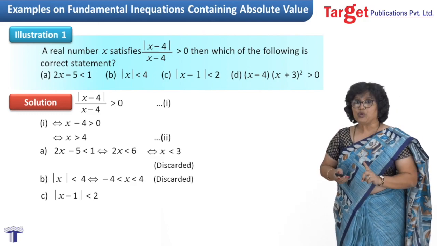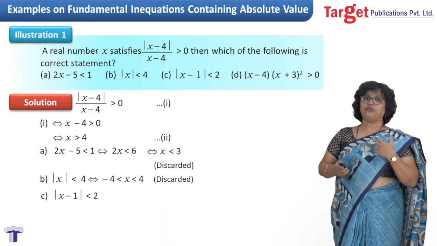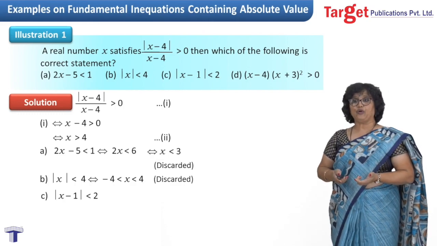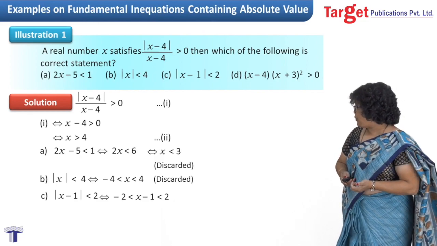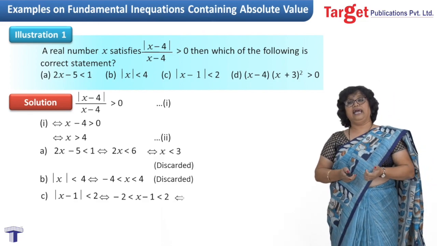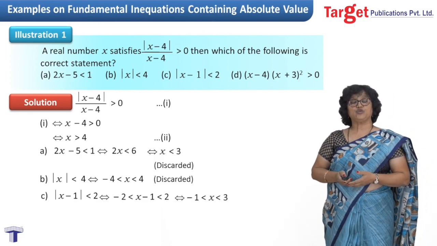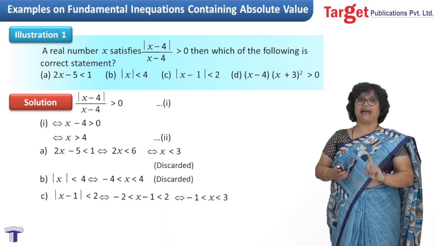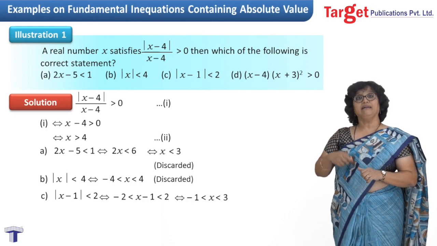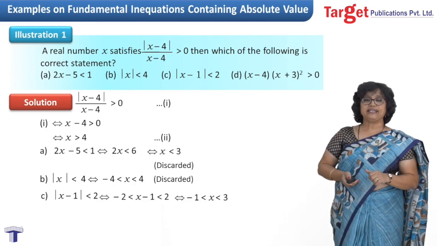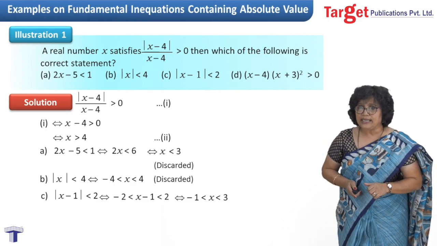We know where the solution lies, so it would be x minus 1 between minus 2 and 2. Now add 1 on both sides and I get x between minus 1 and 3. So the third inequation gets satisfied by values of x between minus 1 and 3, not by the greater than 4 region. So this inequation is also discarded.